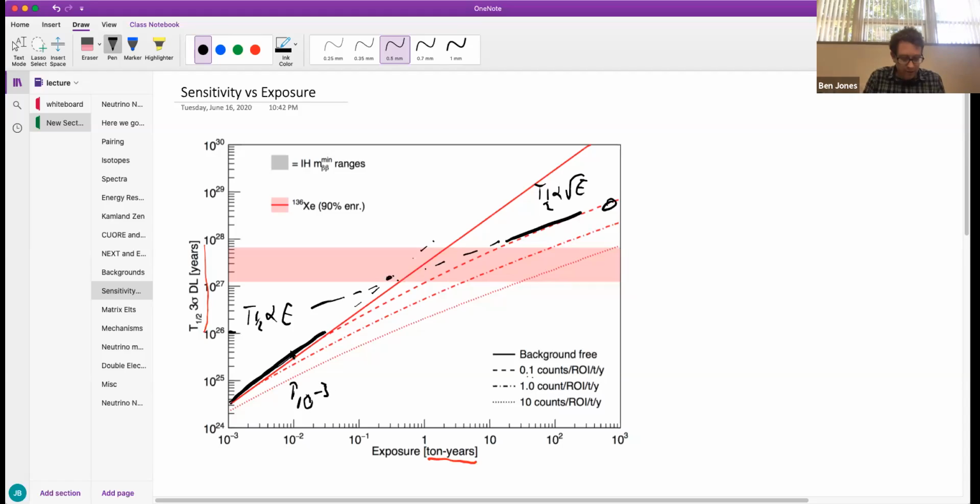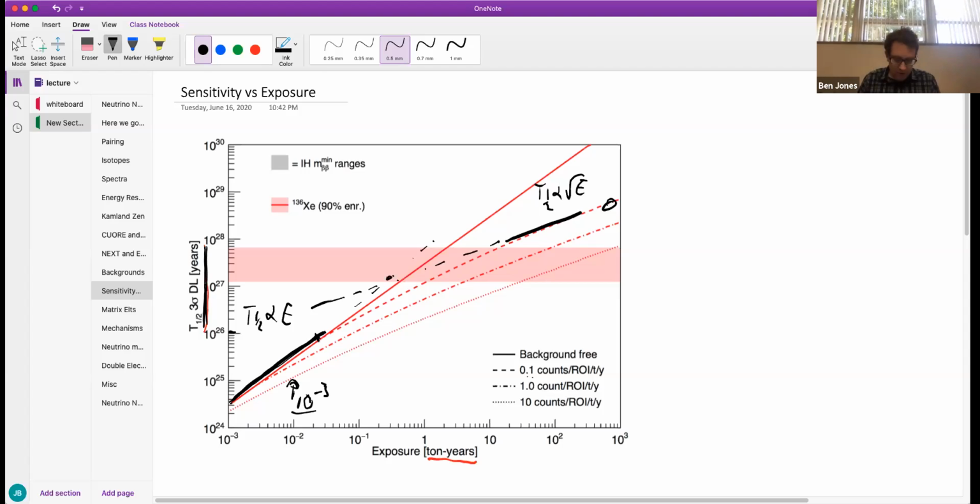That means that if you see an event, it's at the 3 sigma confidence level not going to be from background, because your expected background rate is so low, you're effectively in a background free regime. Like you see an event, it's almost certainly a signal event at the relevant confidence level. So this experiment is behaving basically like it's background free in this part of the curve.